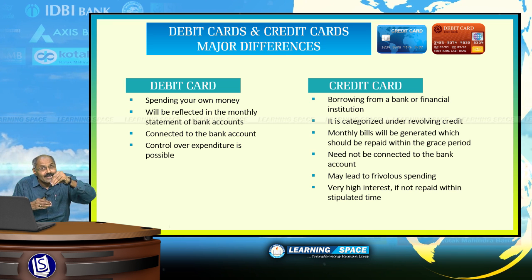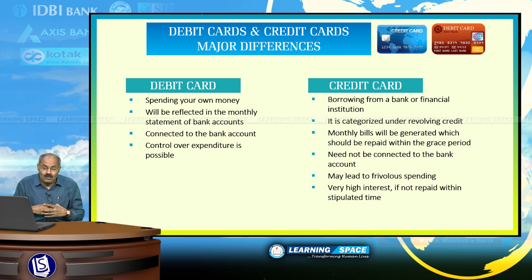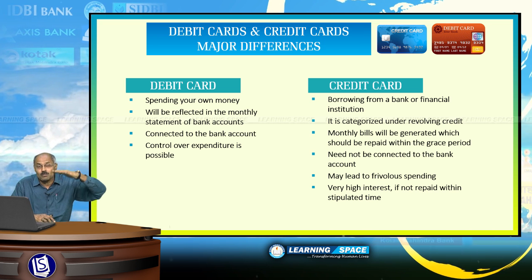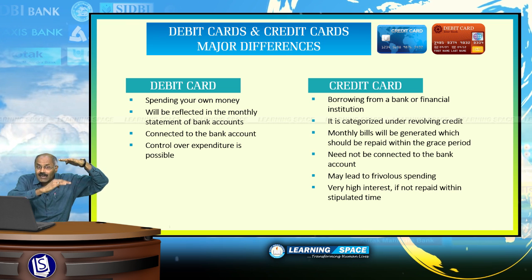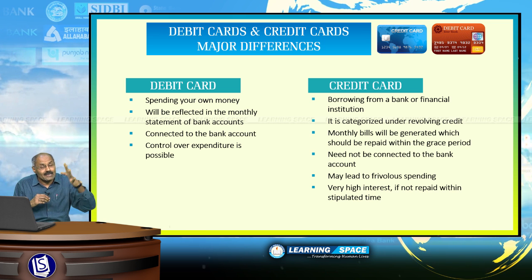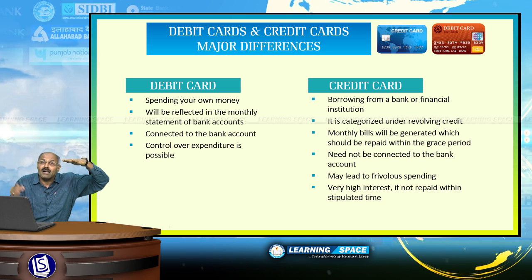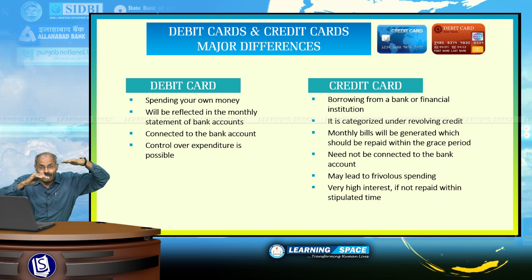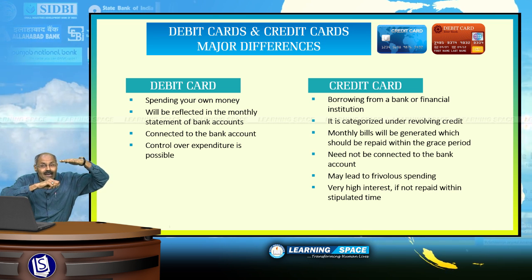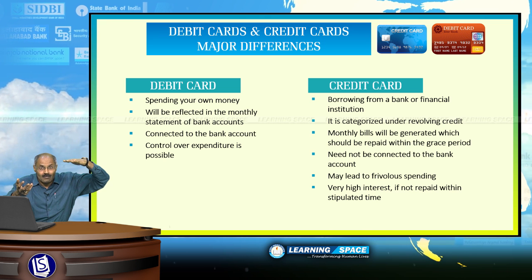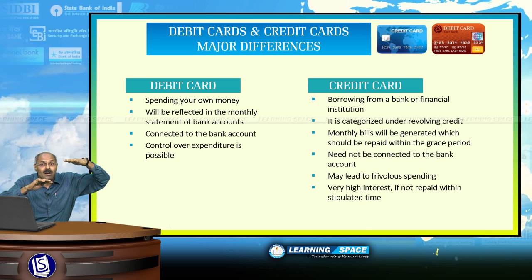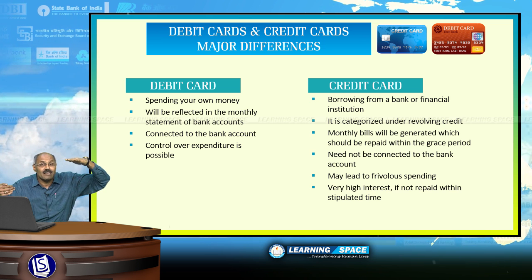If the limit on the credit card is rupees 50,000, the point to be noted here is you are allowed to spend up to rupees 50,000 of ICICI money, not your money. In credit card, you will access the funds of the bank, right? When you are accessing the funds of the bank, it is nothing but a loan. And please don't forget, the transaction under credit card is classified as revolving credit.